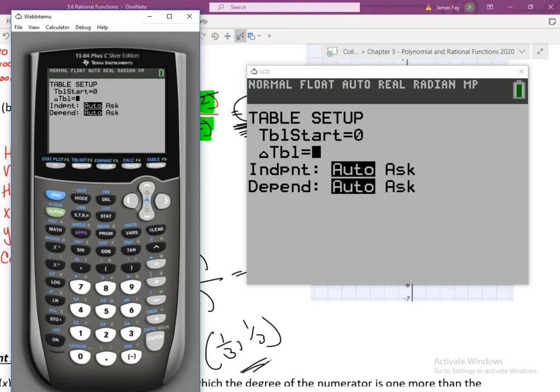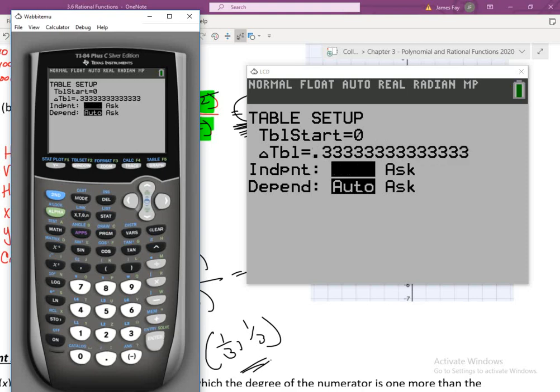Okay? Wherever I think the hole is, I'm going to create the change in the table here to somehow incorporate that. So if my hole is at 1/3, I'm going to type in 1/3 here, okay? But if my hole was at like 7/3, I could type in 7/3, or I could type in 1/3, because it'll eventually show up there, right? Okay.